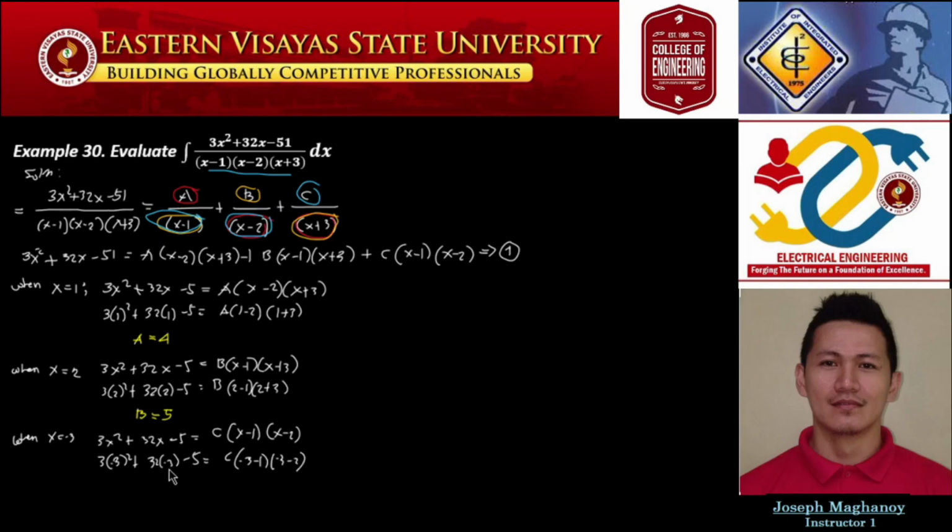If we continue, our C will be negative 6. So we already have values for our A, B, C. Okay, so we rewrite our function.